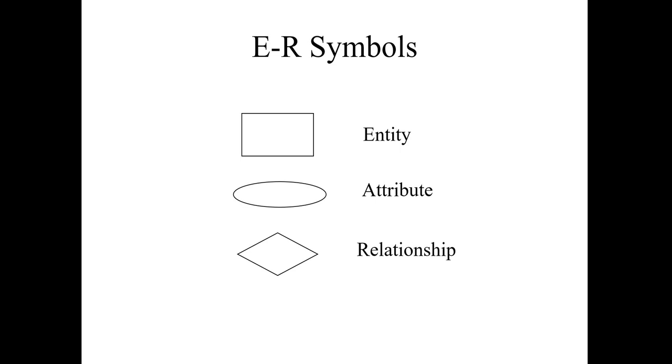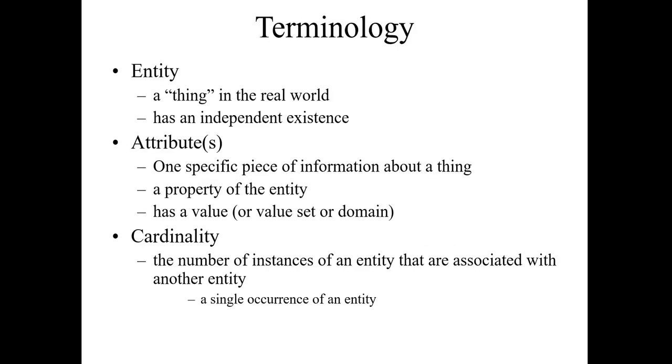There are a number of symbols and notations in the ER diagram, but right now I am introducing these three: entity, attribute and relationship. The entity is shown with a rectangle, the attribute with an oval shape, and the diamond is the relationship.